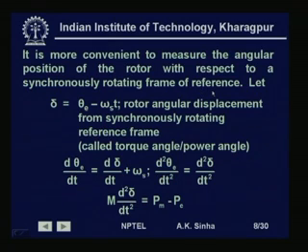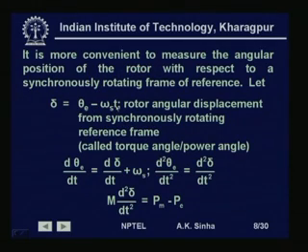So, if we do that, that is, we write that angular position as delta, then delta will be equal to theta e minus omega s into t. At synchronous speed, of course, theta e will be equal to omega s into t plus the angle which is going to be its reference. So, delta is equal to theta e, because this theta e every cycle is equal to omega s into time for one cycle.